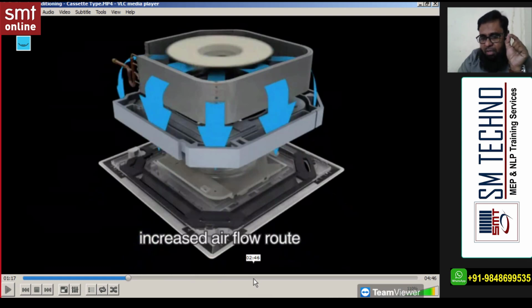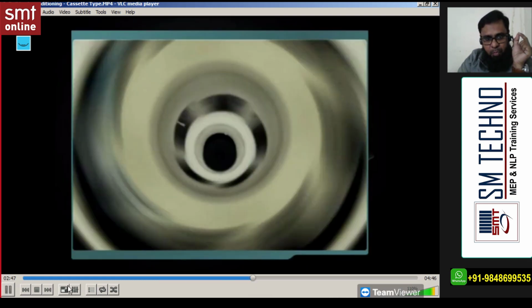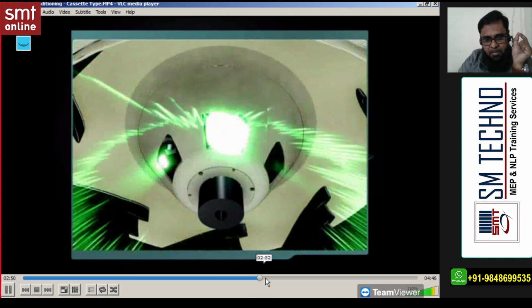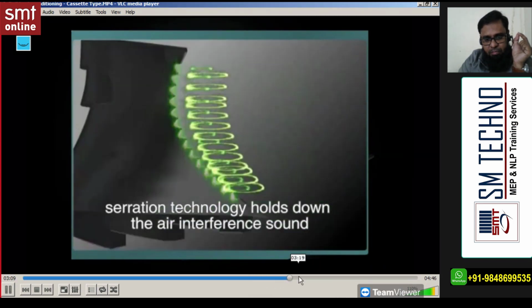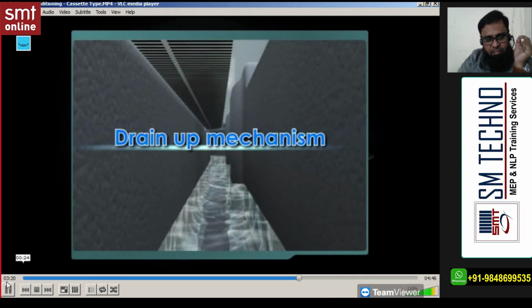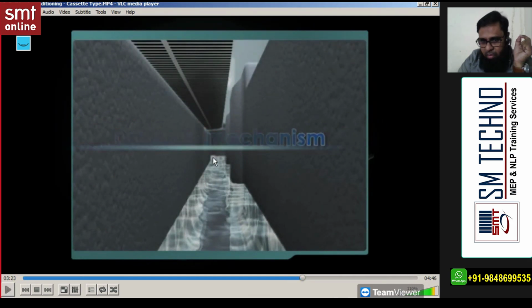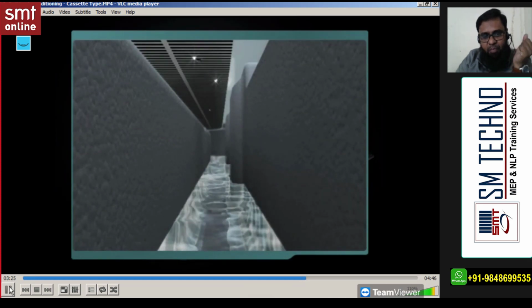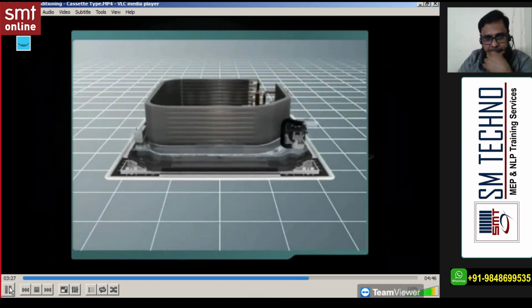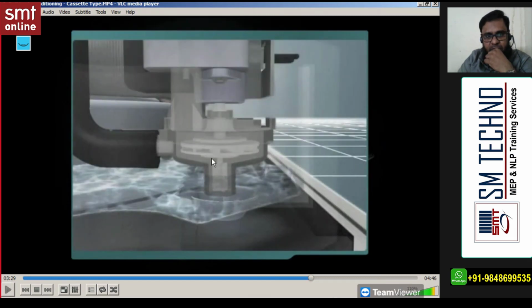Next, quickly I'll jump to this floor drain. See the drain mechanism. The above is the cooling coil, below is a passage, meaning the drain tray. The water will condense on this. Drain pump.